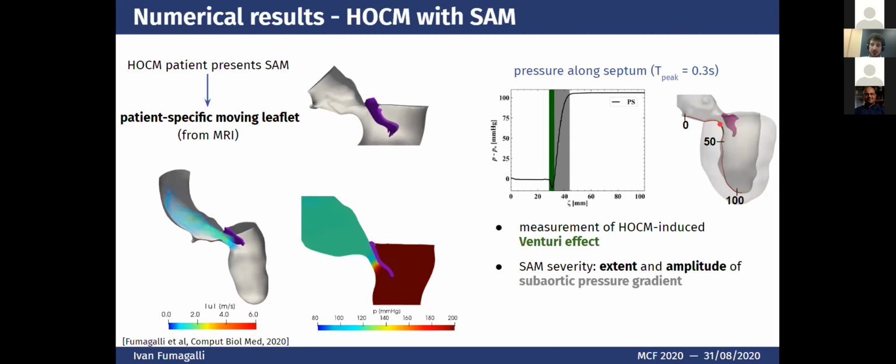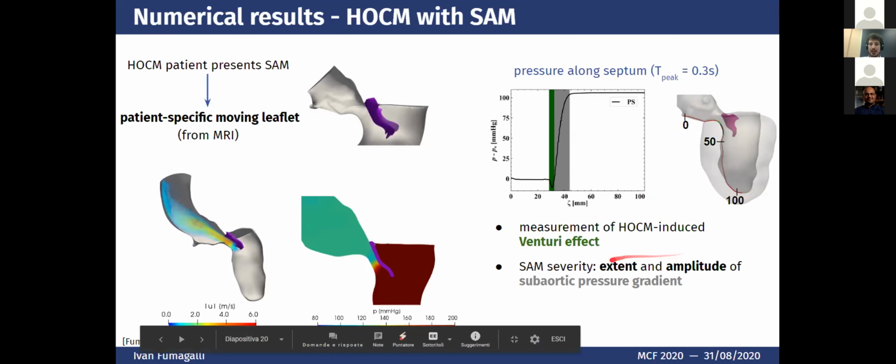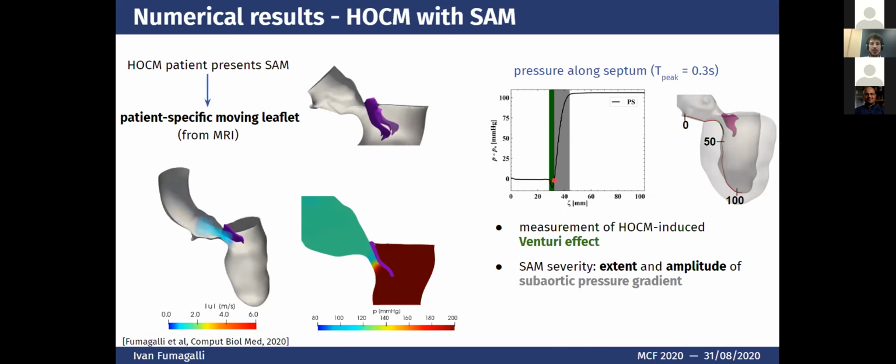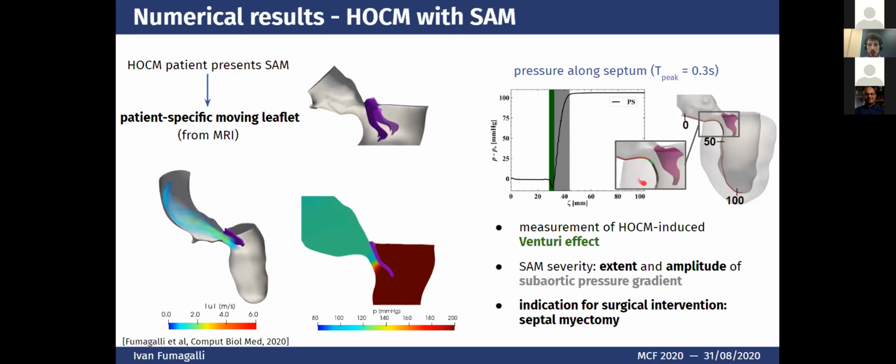And we could identify two zones, one in which the Venturi effect sucks in the mitral valve towards the outflow tract of the ventricle, and another region in which the interventricular pressure gradient due to the SAM actually develops. By identifying these regions, we can actually give indication to the surgeon, since the typical procedure that is used to treat this condition is septal myectomy, so the removal of a portion of the septum.